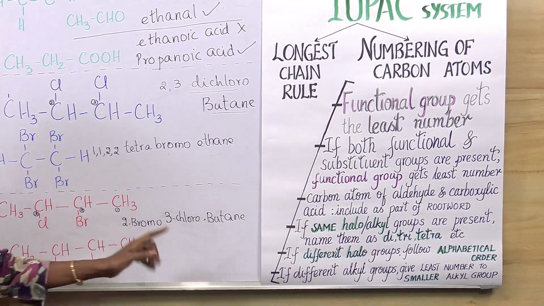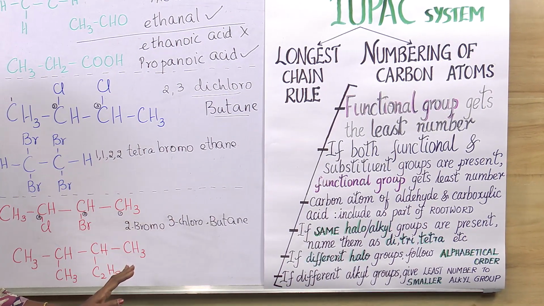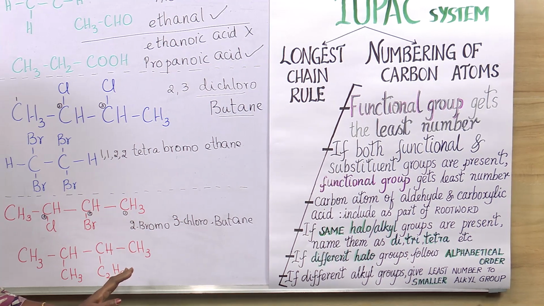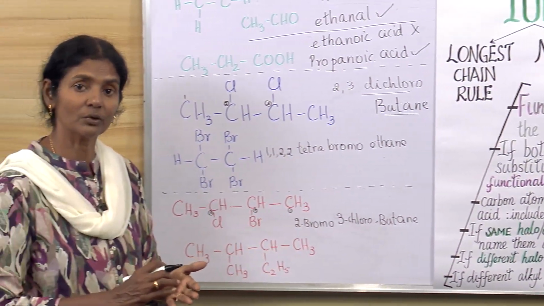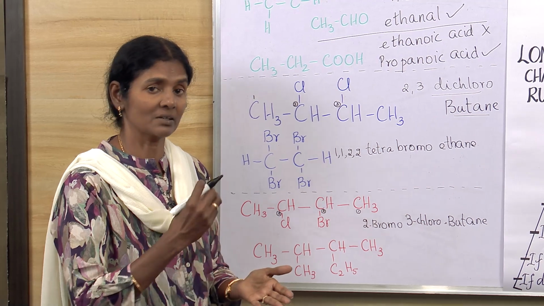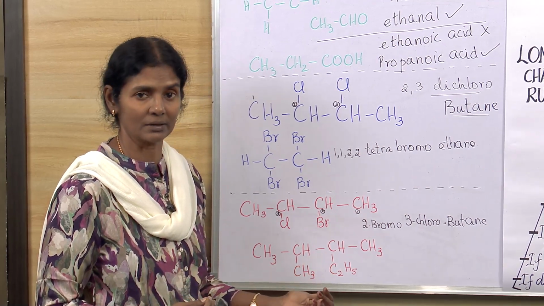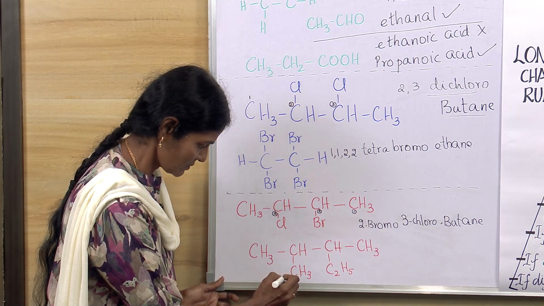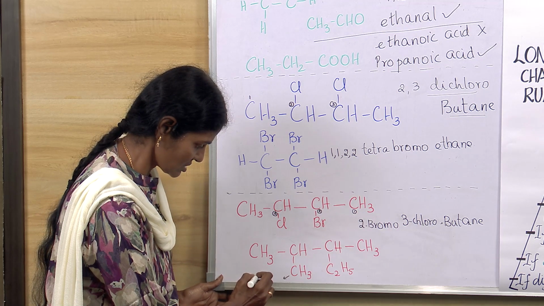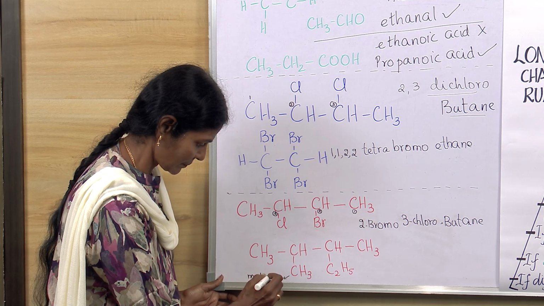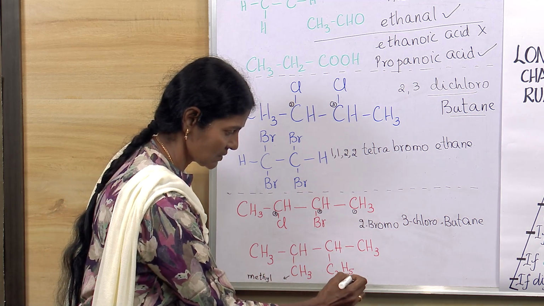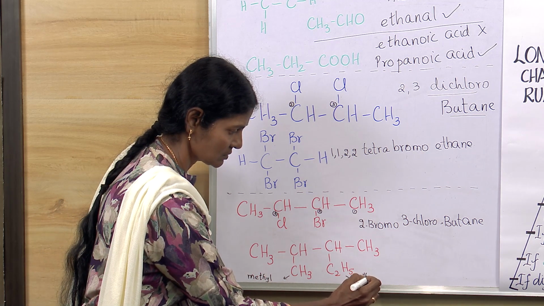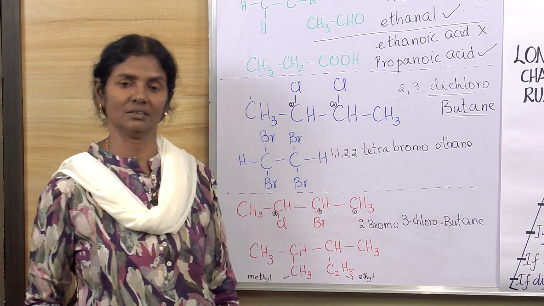If 2 different alkyl groups are present, how do you get this? See, alkyl, how do you get it? Alkane minus 1 hydrogen is the alkyl group. Now this is called methyl. This CH3 is methyl. This is ethyl. 2 carbon atoms, ethyl.